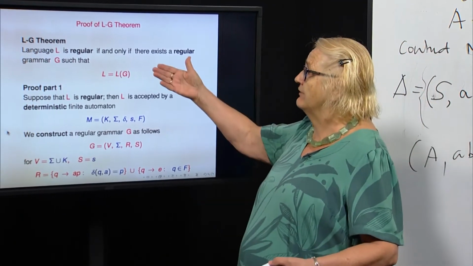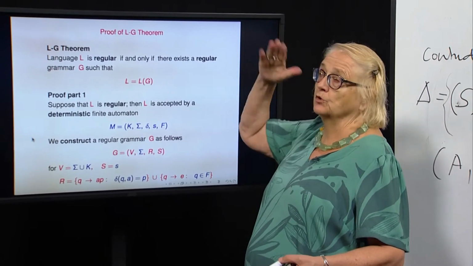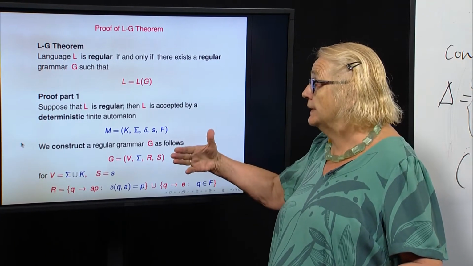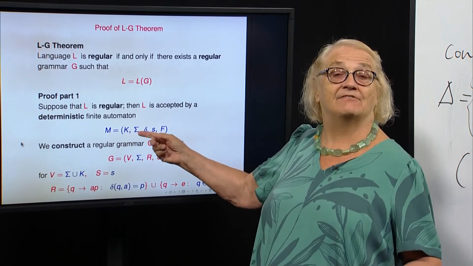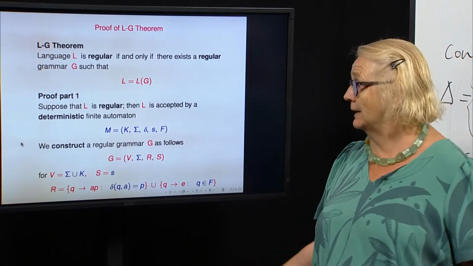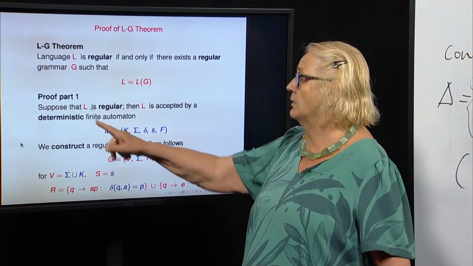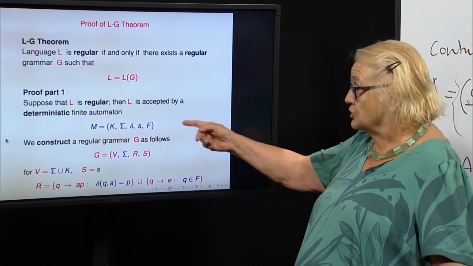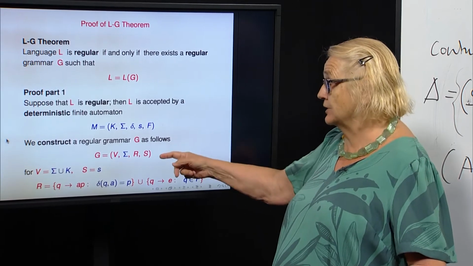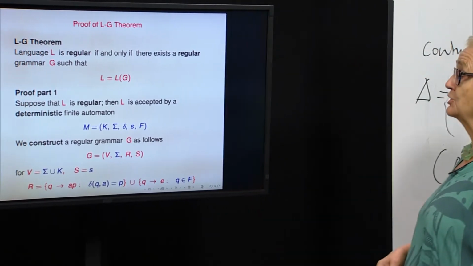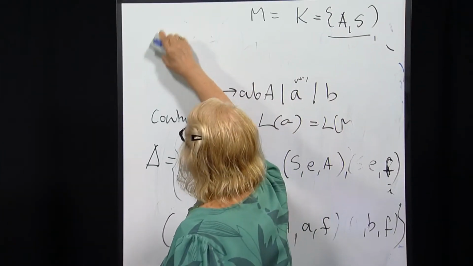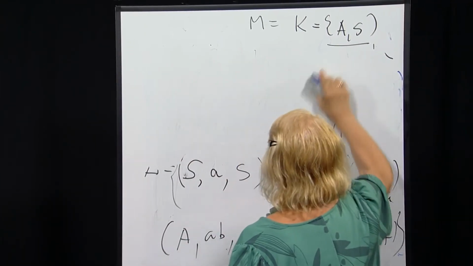So let's say we have a regular language and I want to construct the regular grammar. When the language is regular, it means I can have the deterministic finite automata. So I take the regular language, go to a deterministic finite automata, and I construct from the automata a grammar. In which way? Very simple again. That was an example. Now it's a general construction.